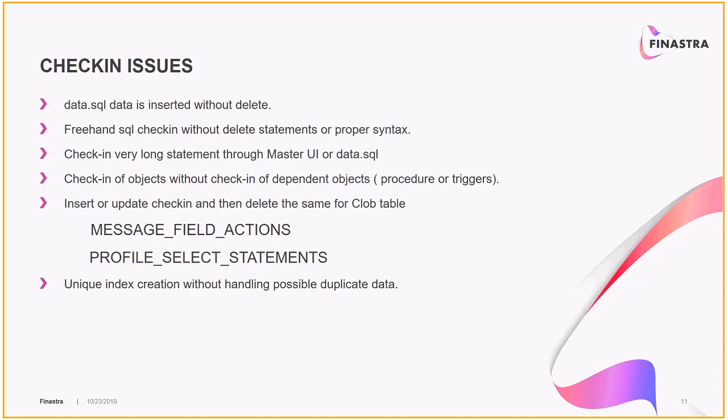So any SQL statement needs to be shorter. It can be cut down into multiple lines, but if a single line has more than 2000 characters, then it throws an error. So we need to make sure we're not inputting a very long statement in freehand SQL in a single line. It's better to cut it down into multiple lines and do the check-ins, so it won't fail in the build. Okay, so we get such issues very often.